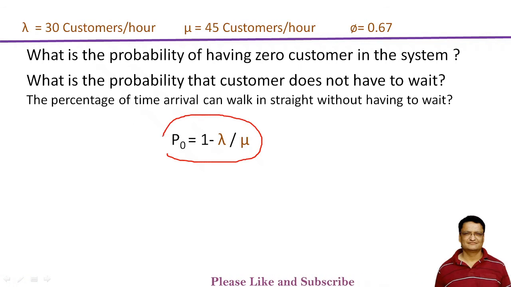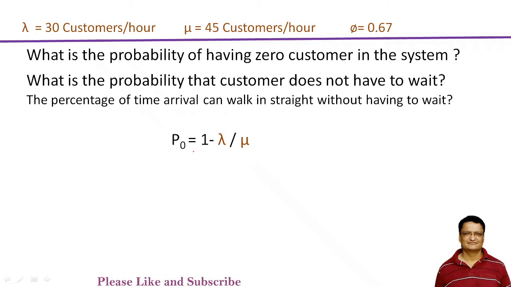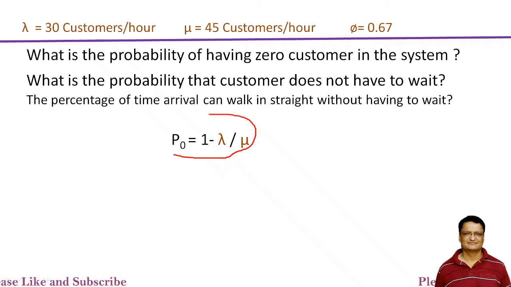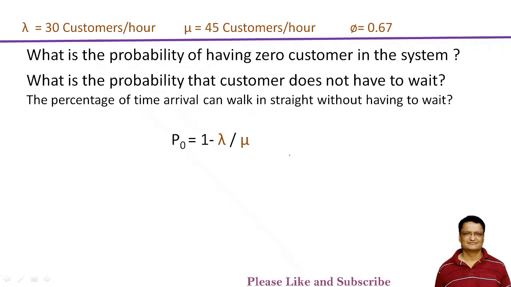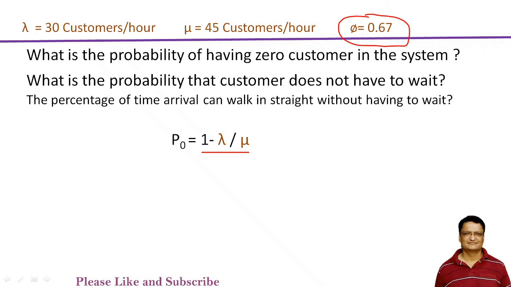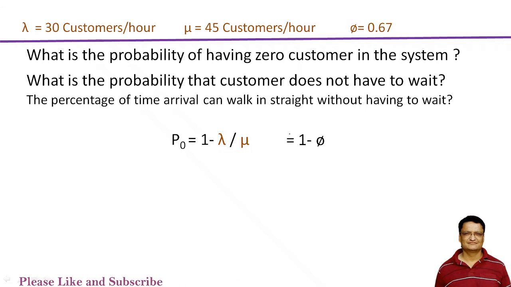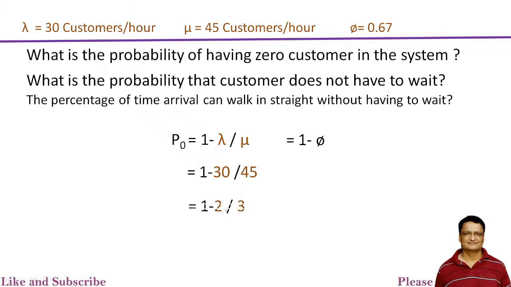By this formula, you can calculate the P0 value. So what is the P0 value? The P0 value means the probability of having 0 customers in the system, and that is given by 1 minus this utilization factor that we have derived earlier. So putting the value here, you will get the answer as 33.